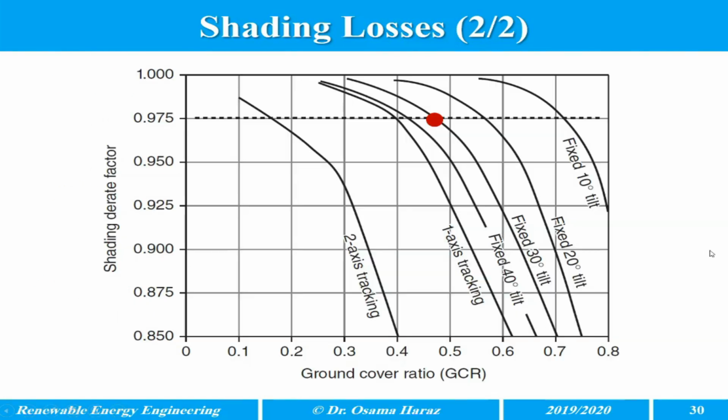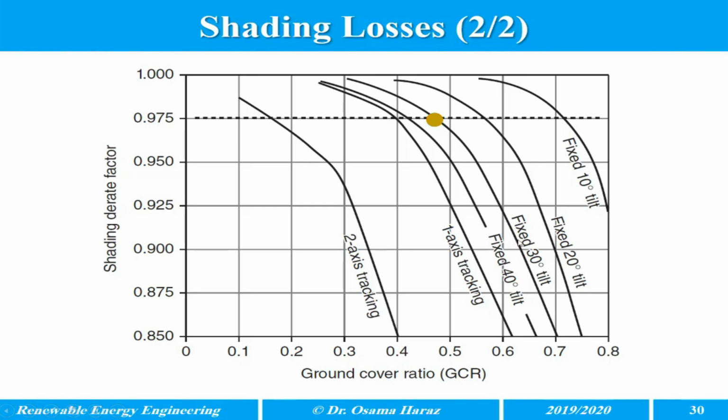Let's see this graphically. This figure shows the shading derate factor versus the GCR values, with GCR changing from 0 to 0.8 for different PV systems: 2-axis tracking, 1-axis tracking, fixed 40 degree, 30 degree, 20 degree, 10 degree tilt. Let's take an example.